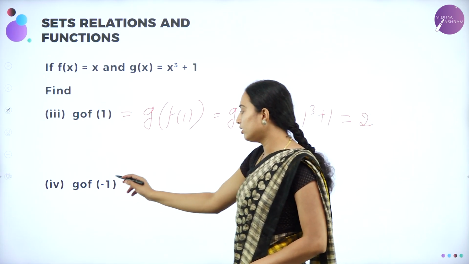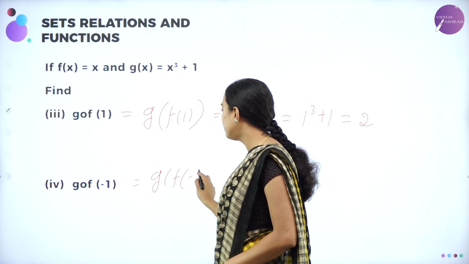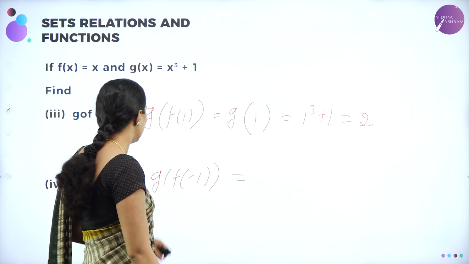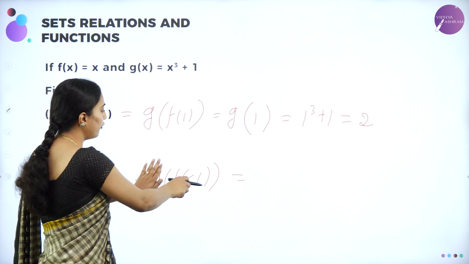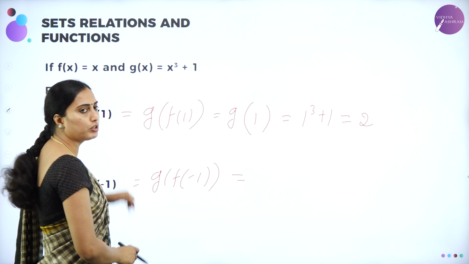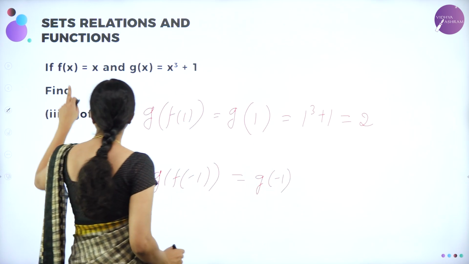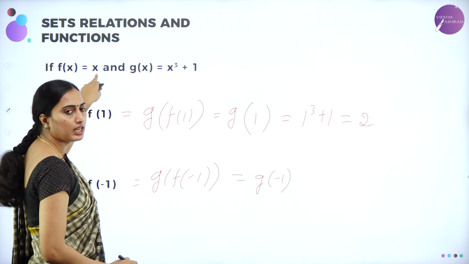That's it. Now find out gof of minus 1, which is g of f of minus 1. First you close this one. F of minus 1, putting x equal to minus 1, gives g of minus 1 only, because f of minus 1 is minus 1 only. Whatever the x here, the same x is coming here.